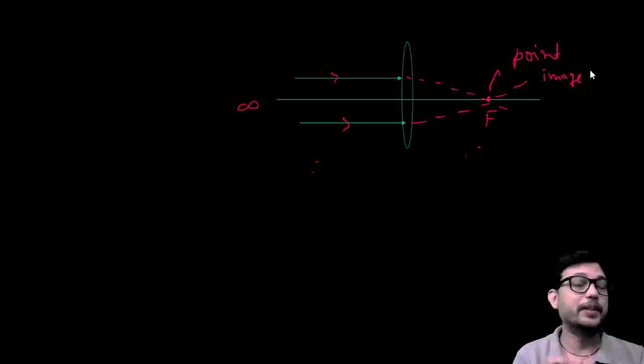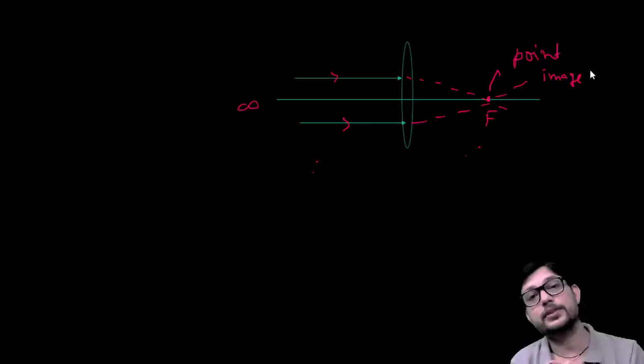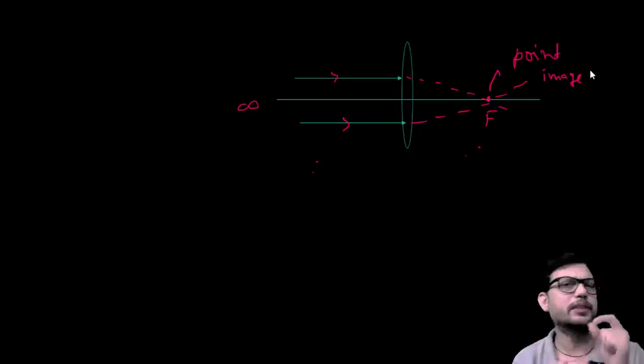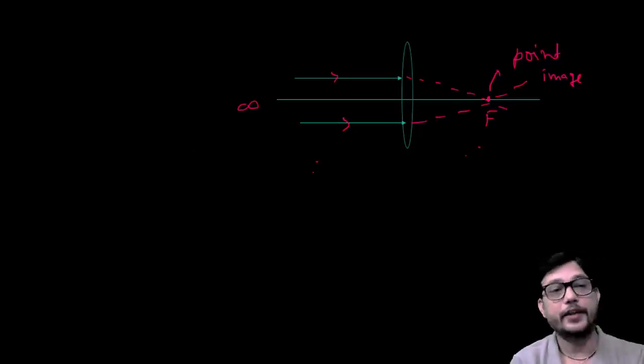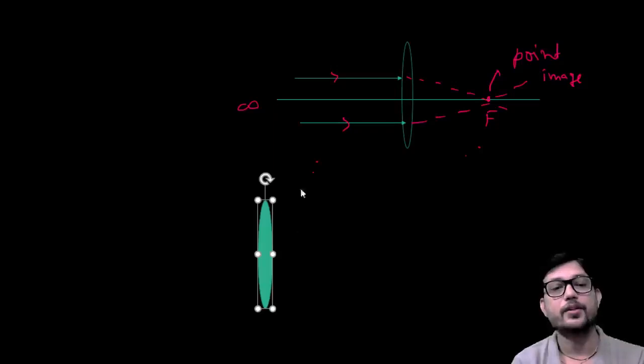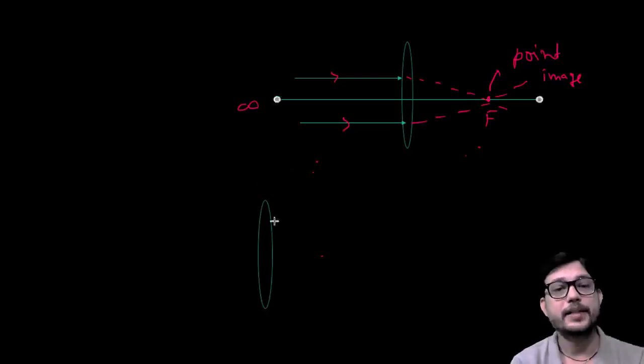Whatever image we are getting from the parallel rays, that must have some definite length, and for that we have taken a lens like this. This is your lens, and this is your principal axis.